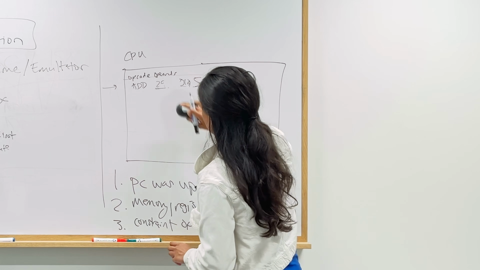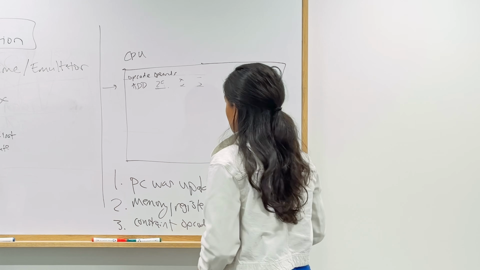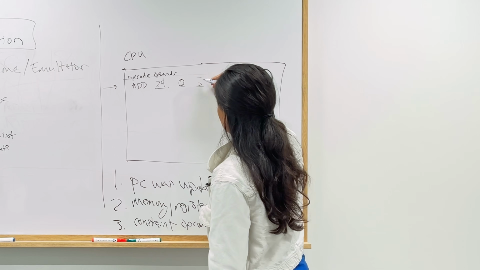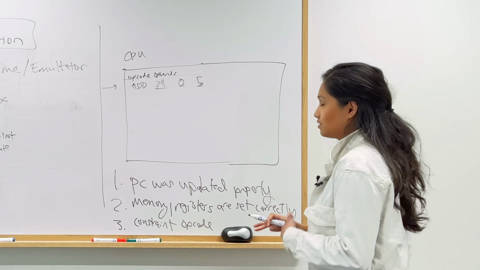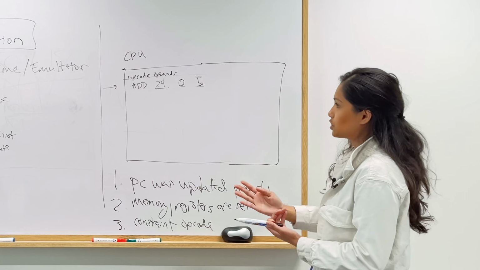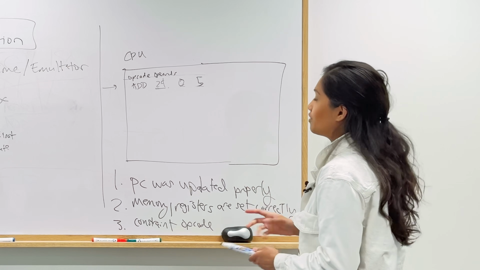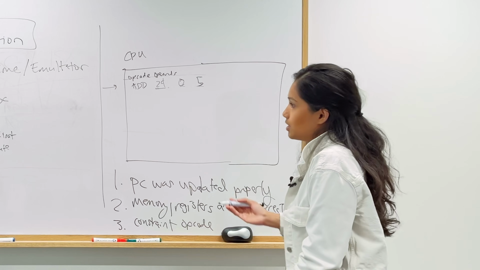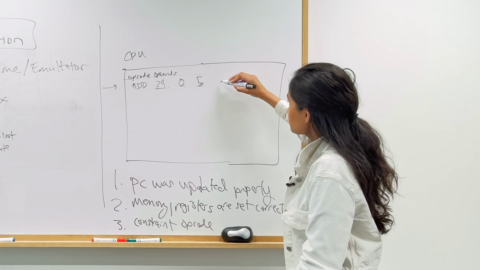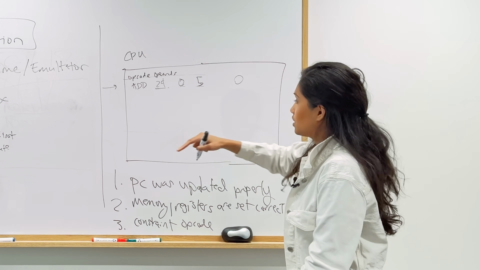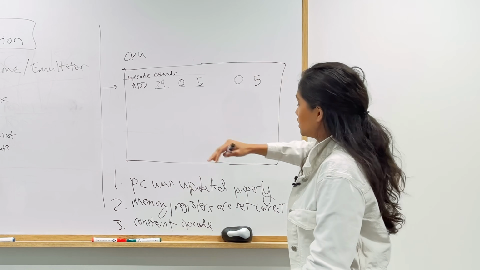I'm just going to erase it. When you have a register, you also have to take that register and look up what is actually the value at that register. In our case, imagine all our registers are set to 0 at that point in time. So x0 is 0, and 5 is just a constant, it's 5.